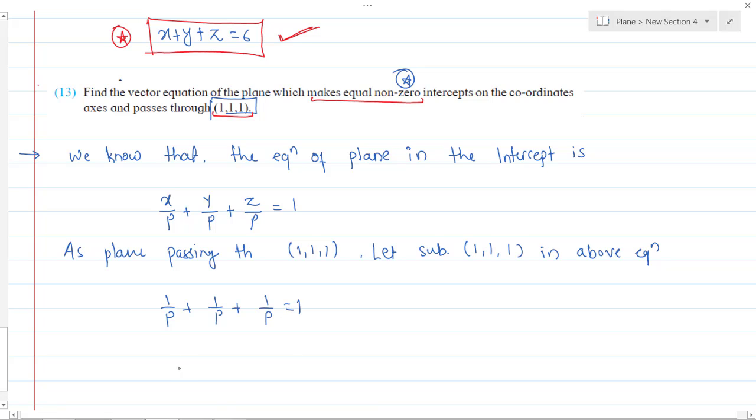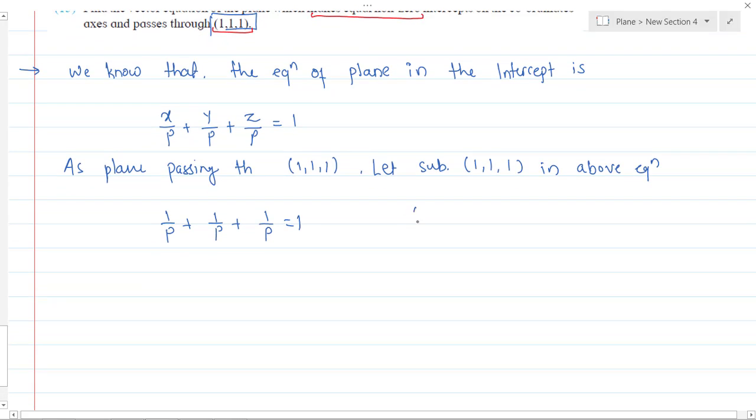So if I multiply by p on both sides, what you will get, 1 plus 1 plus 1, it is equals to 1 into p. So p is equals to 3. Okay, so let's substitute here in this equation. So we will get x by 3 plus y by 3 plus z by 3, it is equals to 1.